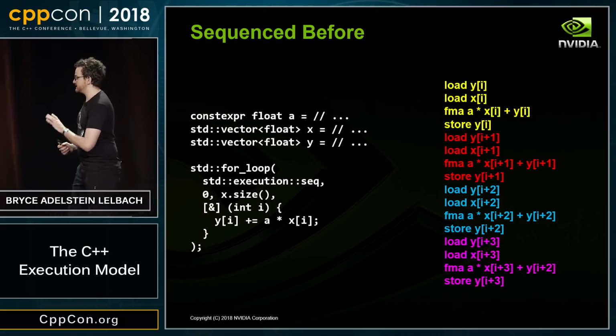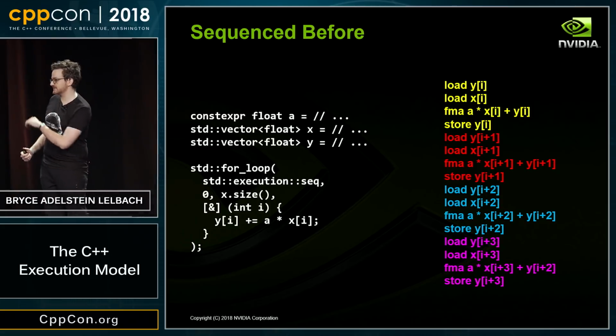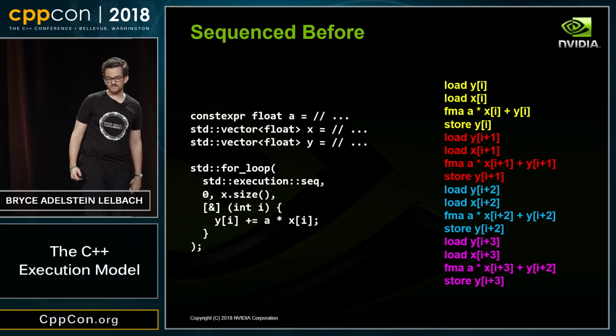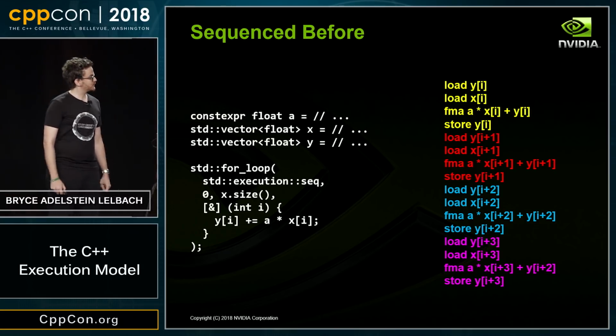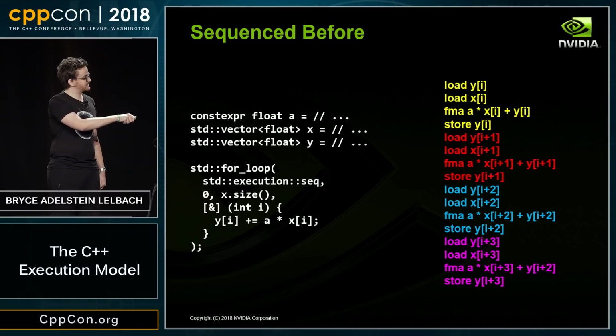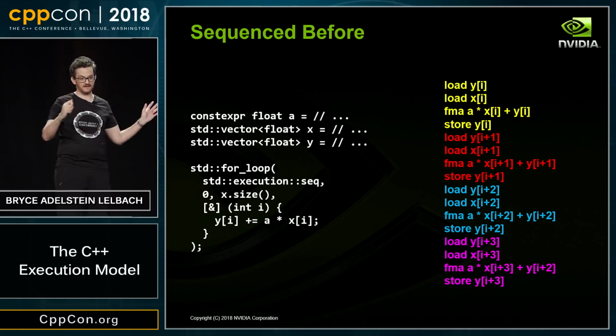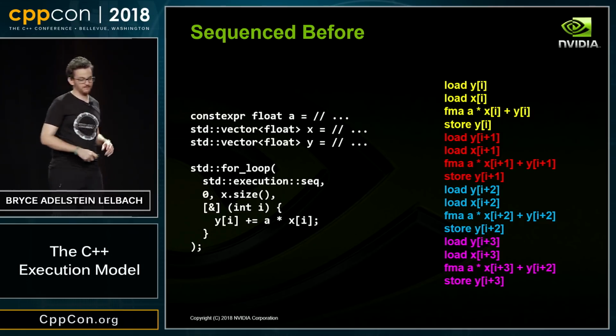The reason I'm using it here will become evident in the next slide, but I wanted something that was very directly mapped to a for loop. In particular, I didn't want to use for each or transform because I wanted to have the assignment be visible in the element function we were executing. If I used transform here, we would just have return A times X, and that didn't really work for my example here.